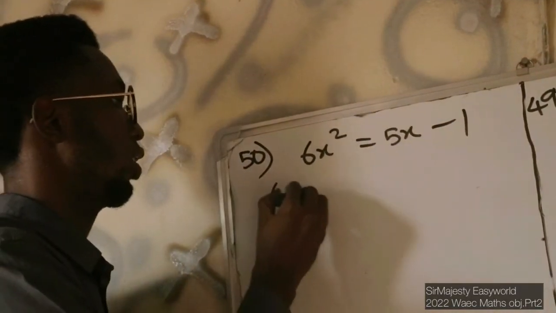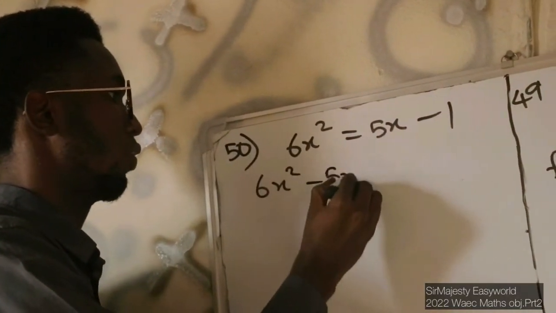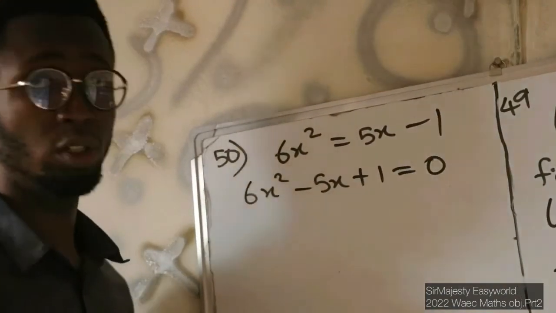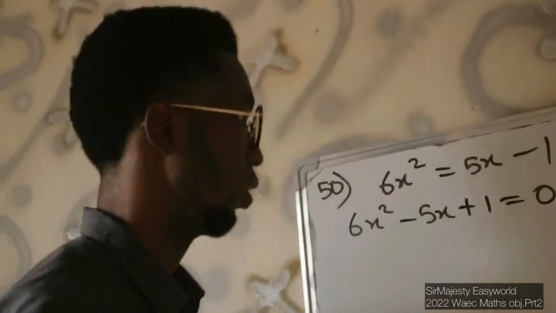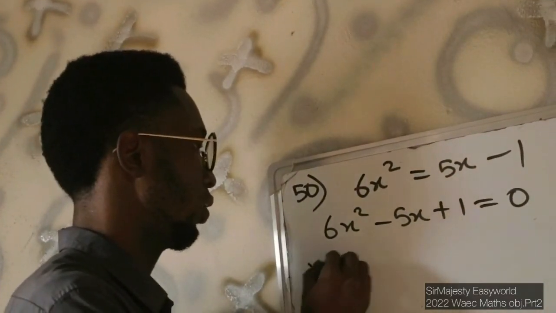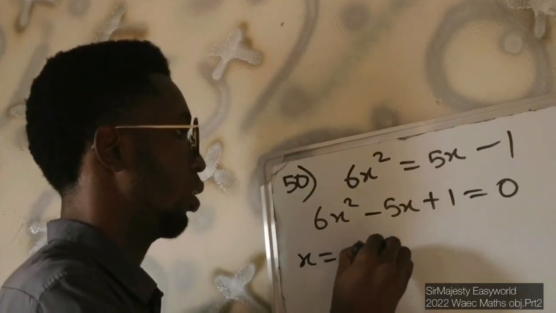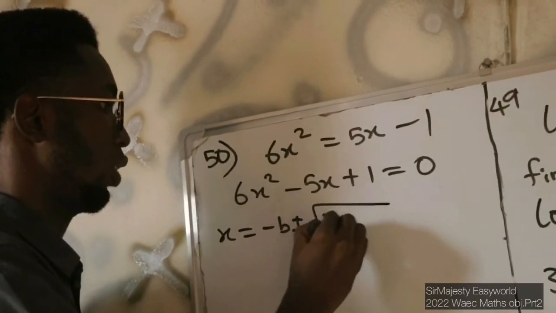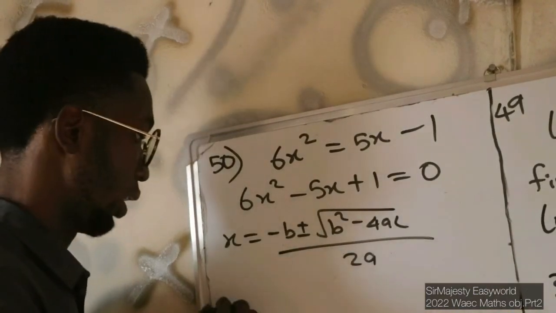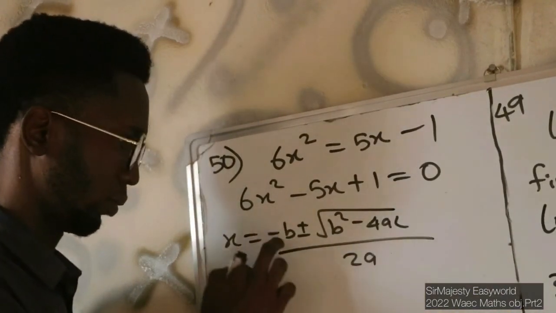So we have 6x squared minus 5x plus 1 is equal to 0. So I'm going to use the quadratic formula to solve this as quickly as I can. The quadratic formula states x is equal to minus b plus or minus square root of b squared minus 4ac, all over 2a.